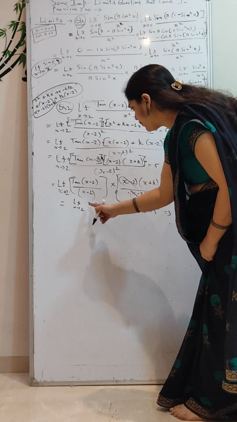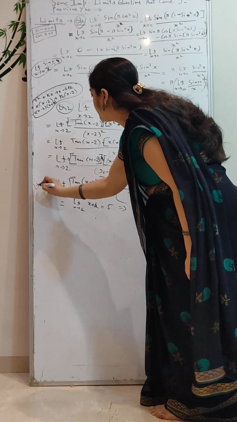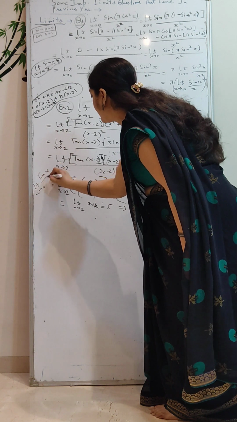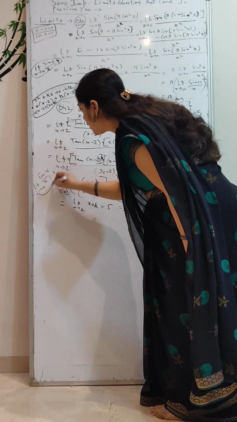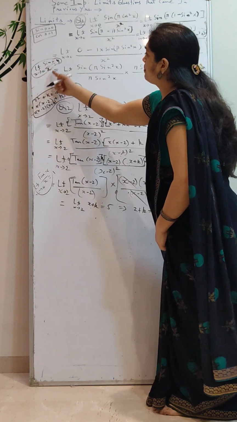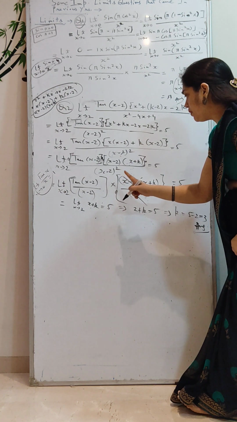We know that limit of tan x by x is also 1, like limit of sin x by x, so this whole term will become 1.